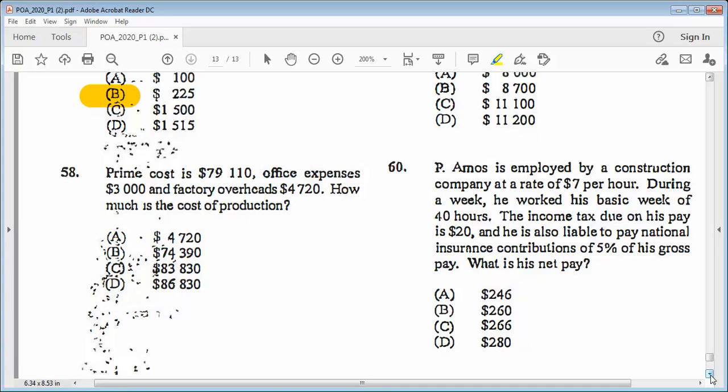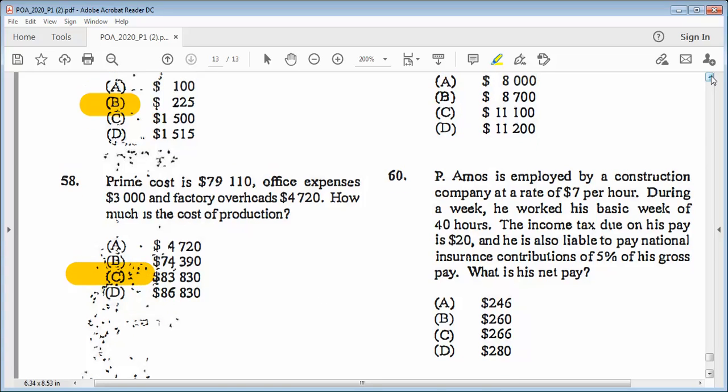So that $3,000 is a little confusion that CXC is trying to present. So to know the total cost of production, we add prime cost plus the factory overheads, and we therefore get 83,830. So our answer is C. Let's go on to 59.